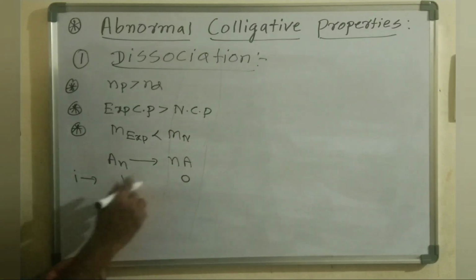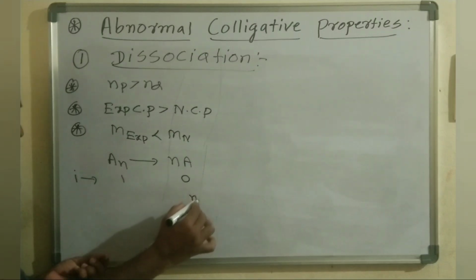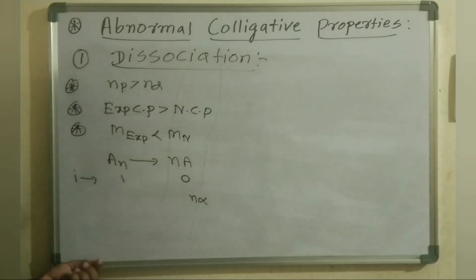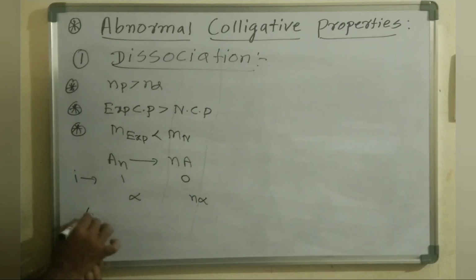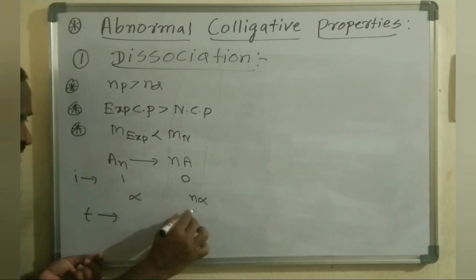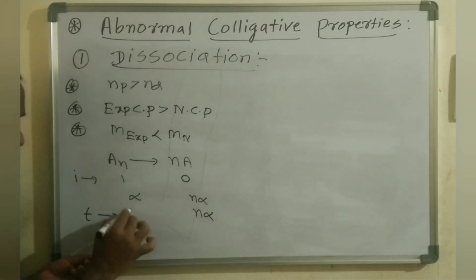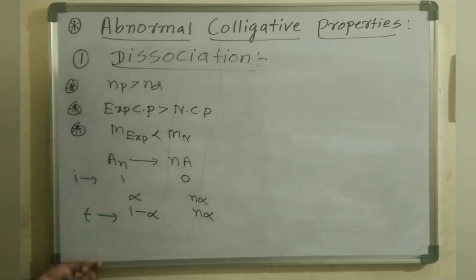At a particular time, it will be N alpha. Alpha is the degree of dissociation, or extent of dissociation. So AN becomes 1 minus alpha, and A is N alpha.